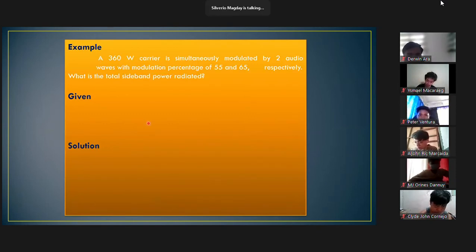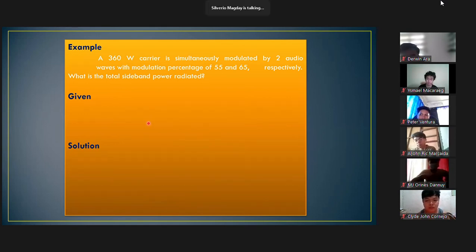Next: a 360-watt carrier is simultaneously modulated by 2 audio waves with modulation percentages of 55 and 65, respectively. What is the total sideband power radiated? So we have your PC, the carrier power, 360 watts, modulated by 2 waves with modulation percentages of 55 and 65.